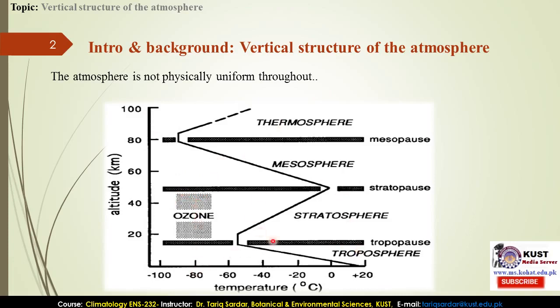That's why the troposphere and stratosphere are considered very critical and important parts of the vertical structure of the atmosphere, and they are a point of research concern for climatologists, environmentalists, and many other agencies. So let's start with the layers.